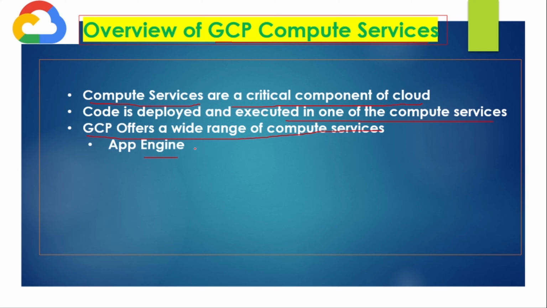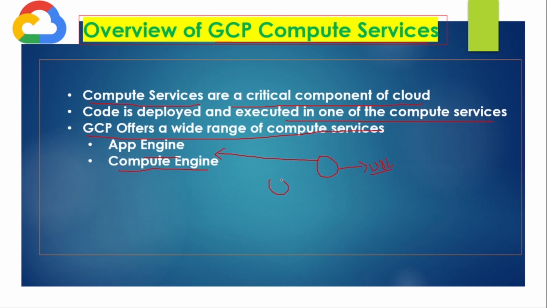That is basically platform as a service, where you bring your piece of code and just deploy it on App Engine, and you will get a URL which you can use for executing your code, right? The next is Compute Engine. Compute Engine provides you more control over your code.